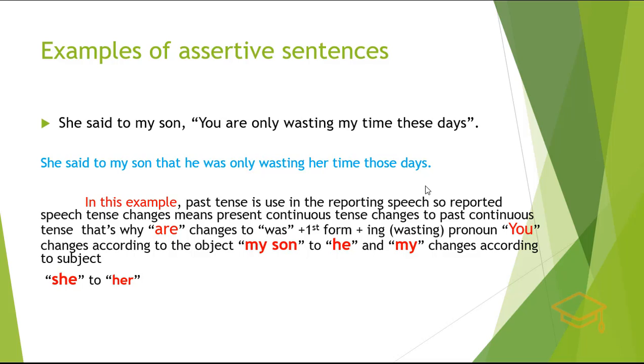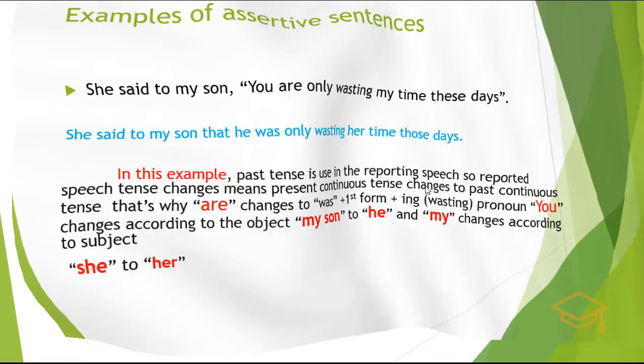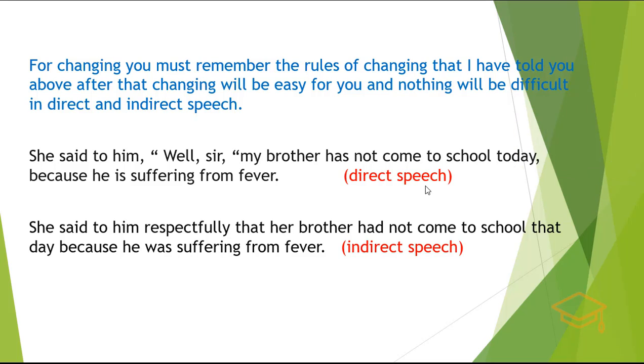That's why "are" changes to "was" plus first form plus "ing", wasting. The pronoun "you" changes according to the subject, that is my son, to "he", and "my" changes according to "she" to "her". For changing, you must remember the rules of changing that I've told you about. After that, changing will be easy for you and nothing will be difficult in direct and indirect speech.